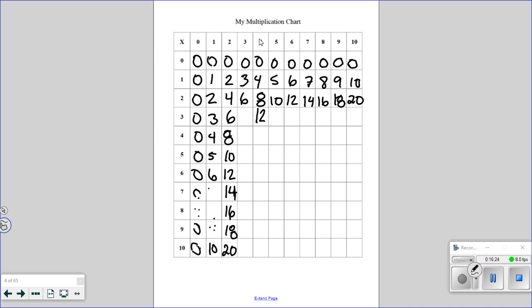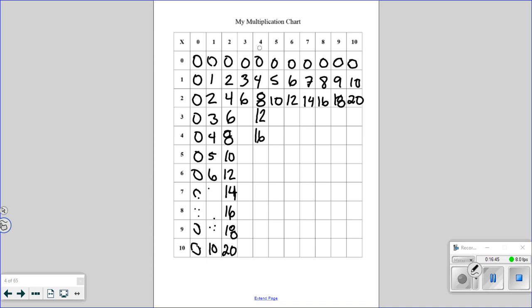Now we gotta solve 8 plus 8. Oh, way to push through that problem.